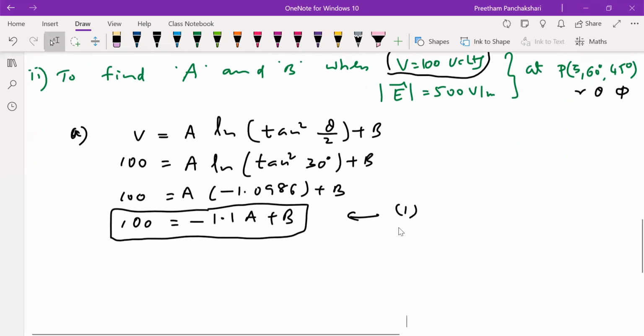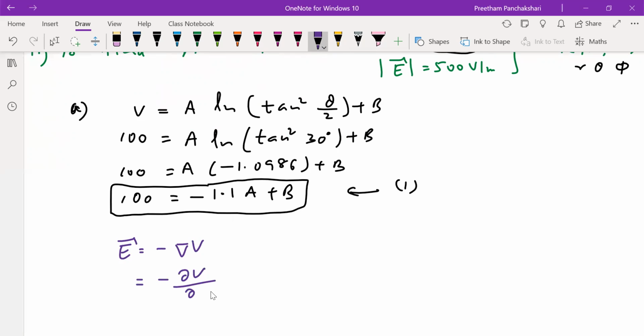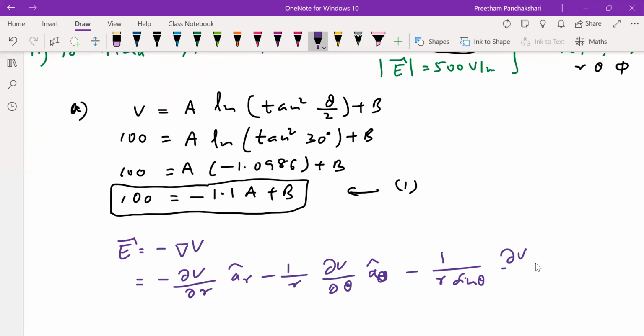Then you will make use of another value, that is 500 for E. So first we have to find E, the negative gradient of potential. E is minus dou V by dou R, a R, minus 1 by R dou V by dou theta, a theta, the theta component, minus 1 by R sin theta dou V by dou phi, a phi, the phi component.